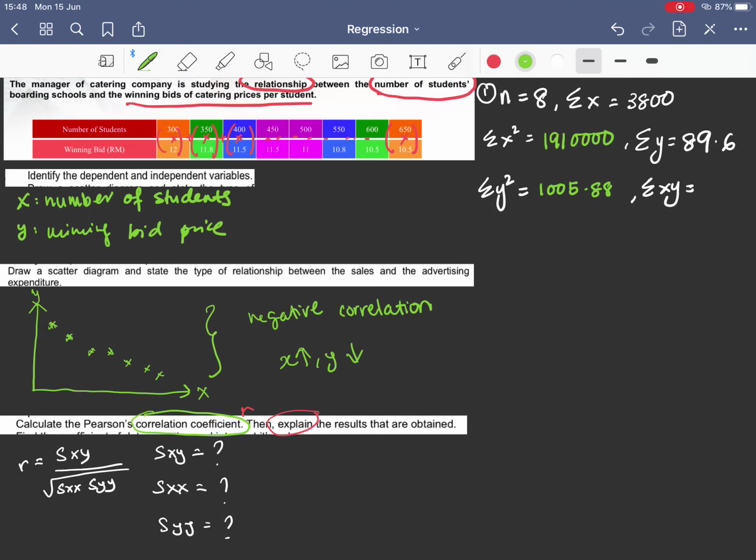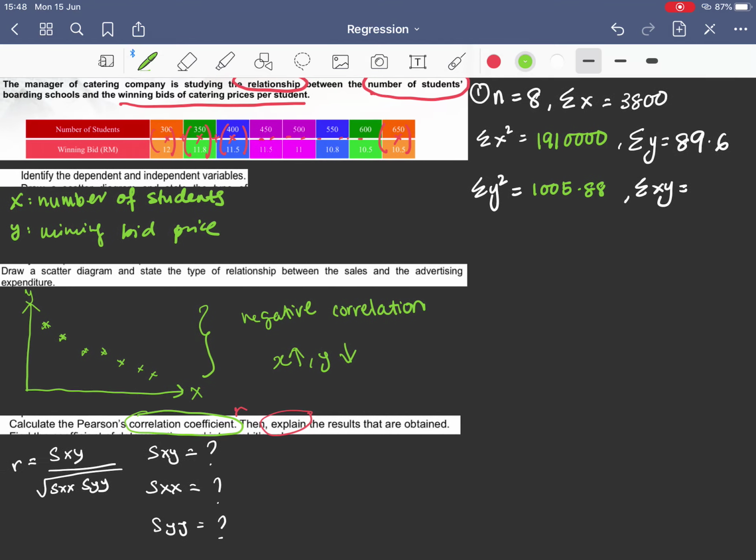So here you will get 42070. So you can check your calculator, is it correct or not.